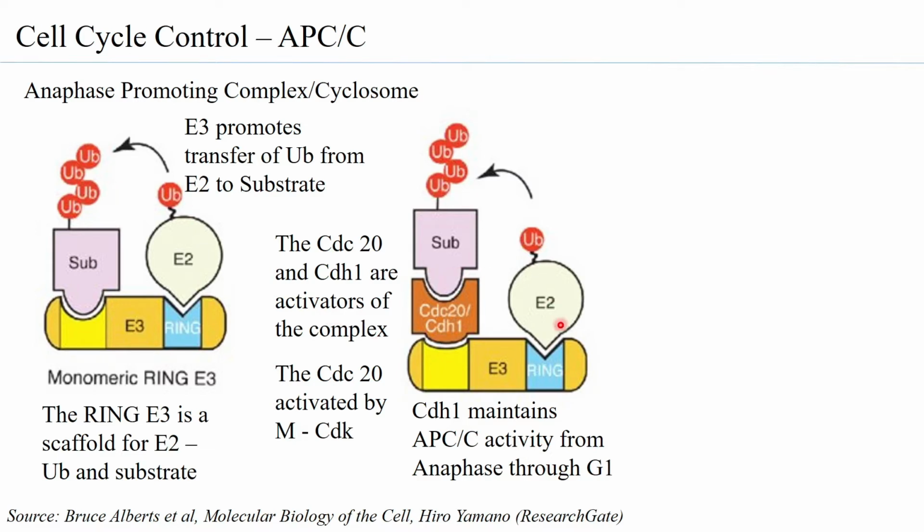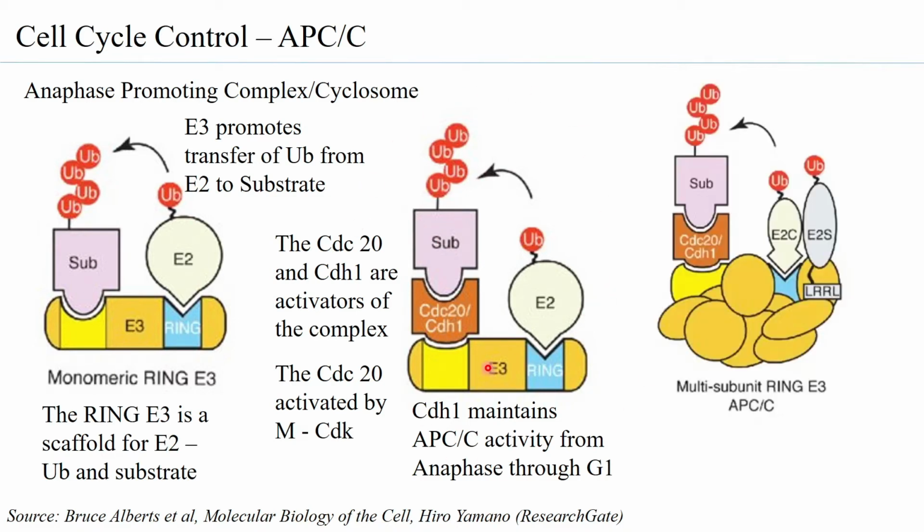So as we've observed, the E2 is going to transfer the ubiquitins to the substrate, and the substrate becomes polyubiquitinated. Now, this is not the final complex that is there. In fact, this complex is bound to several other proteins to form a multi-subunit ring E3 APCC complex. And interestingly, it can have more than one E2 as well.